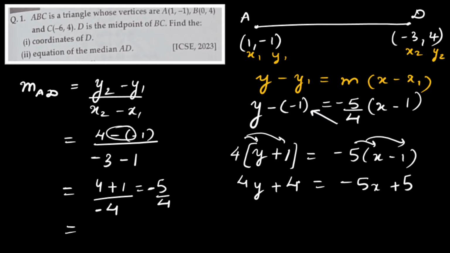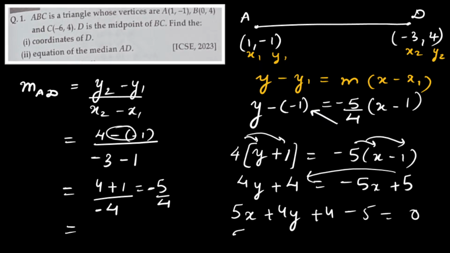So let's shift everything to the left side. 5 minus 5x, when I shift, it will become positive 5x, plus 4y is already there on this side, plus 4 is there, and plus 5 when I shift to this side becomes minus 5. So the equation of the line AD, the median AD, is 5x plus 4y minus 1, because 4 minus 5 is minus 1.